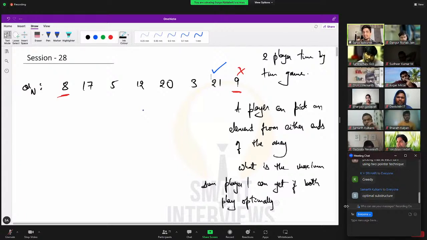You should have verified it before sharing it with me. And if you continue, player 1 will pick 8 because 8 versus 3, right? Player 1, I'll mark it in red, will pick 8. Then player 2 will pick 17.